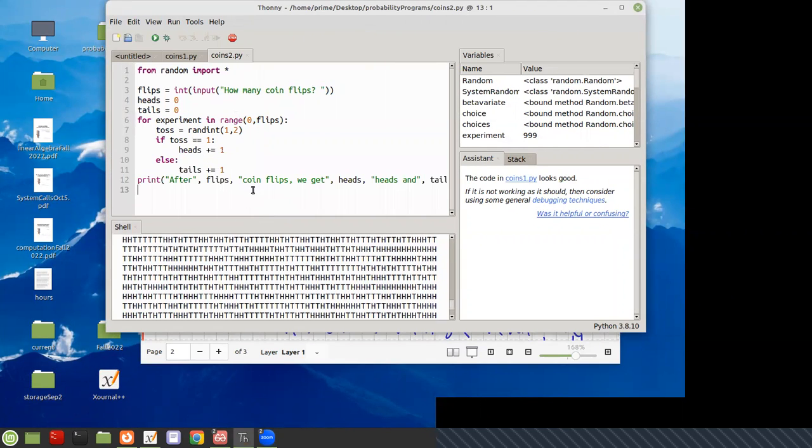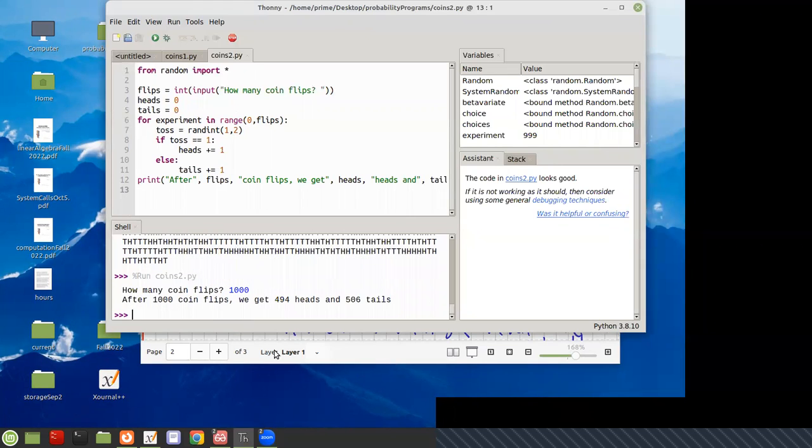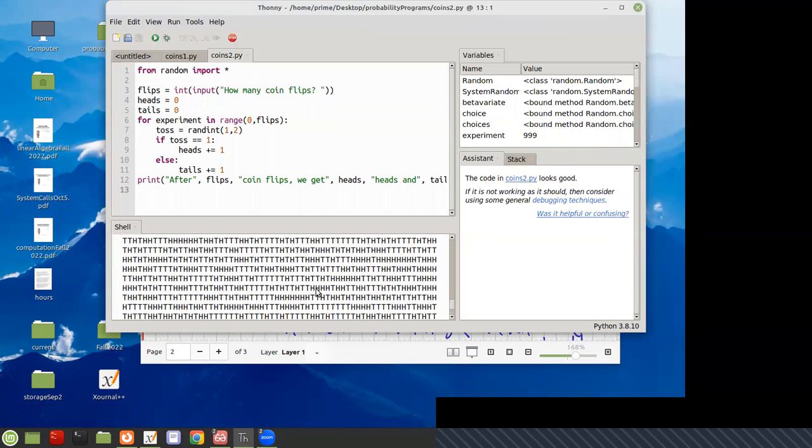And what this does, instead of displaying the result, is just tabulate, say 1,000. And here, after 1,000 coin flips, it's counting up. Well, this is just one. The actual distribution of heads and tails is actually interesting.